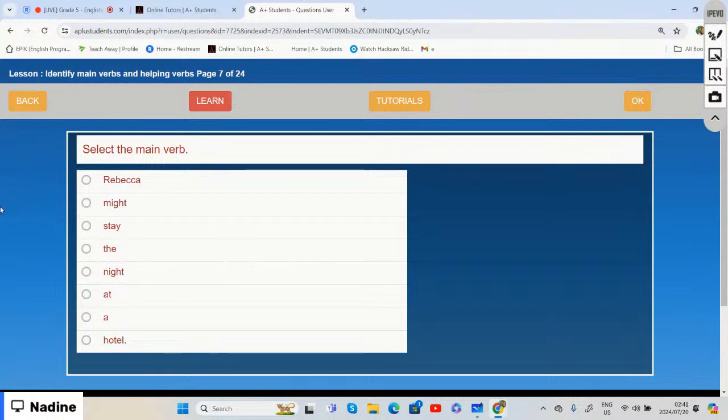Yeah, they want us now to select the main verb, not the helping verb. We need to select the main verb, the actual verb, not the helping verb. Let's see. Rebecca might stay the night at a hotel.